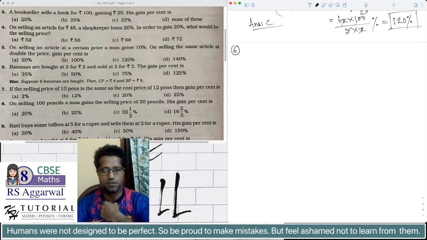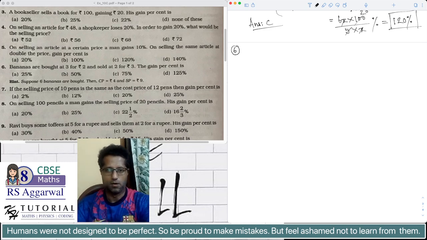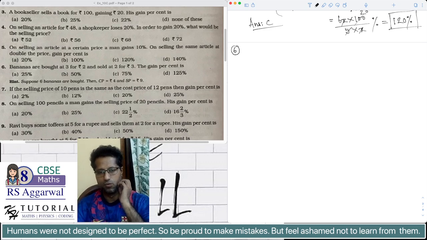Okay, so now it is saying that bananas are bought at 3 for rupees 2. So I have to find the cost price and the gain. Ultimately, I have to find the gain percent.